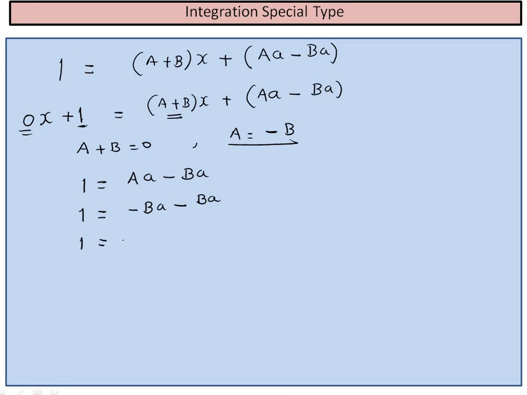So 1 is equal to minus 2Ba. So I get B is equal to minus 1 upon 2a, and I will get A is equal to negative of this, plus 1 upon 2a.